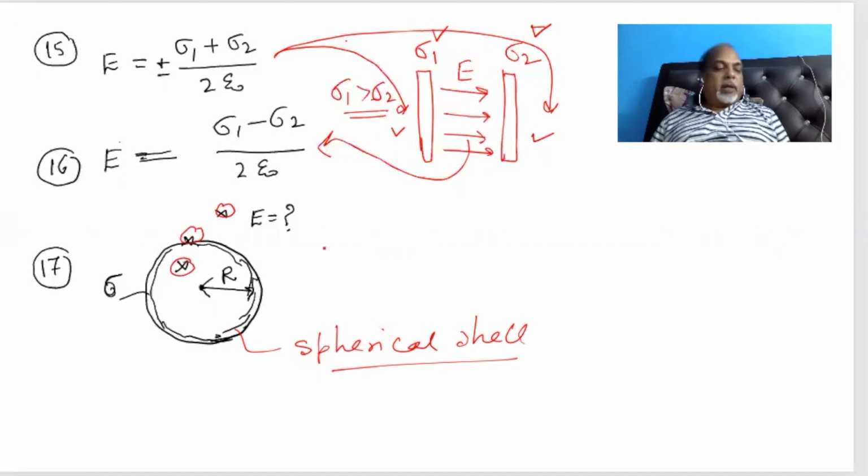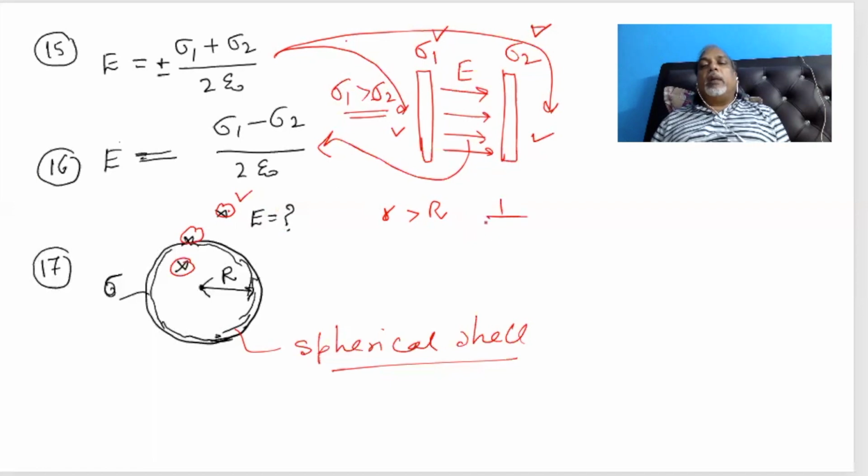We have already studied all these things in our video lectures. Suppose this point is at distance r, and r is more than the radius R, then what will be there?